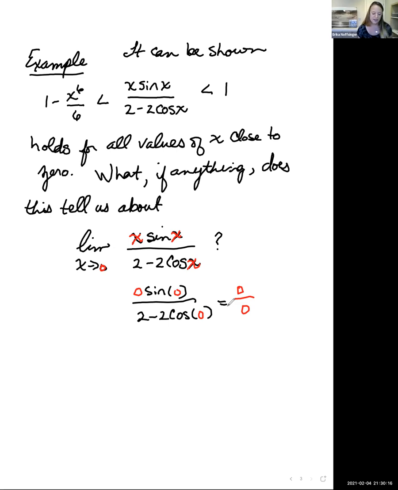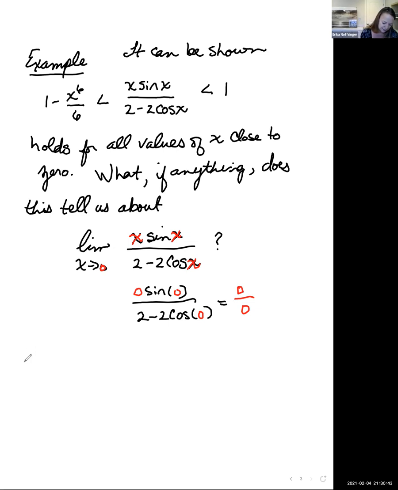We can try to manipulate this using some of the tools we used before, try to factor. I don't see any factoring that would help me right now. We could probably try to multiply by the conjugate, see if we see any trig identities to help us. But because it gave us this information above, and we can find the limits of the functions on the left and the right of the one we're trying to find, we can use the sandwich theorem.